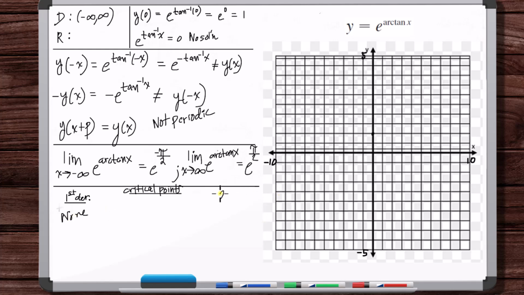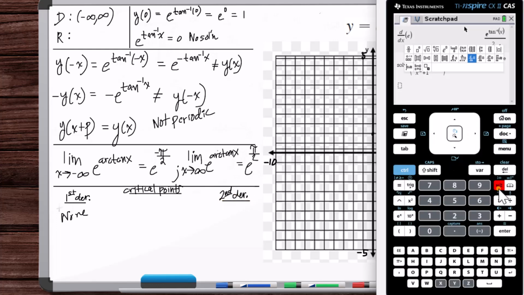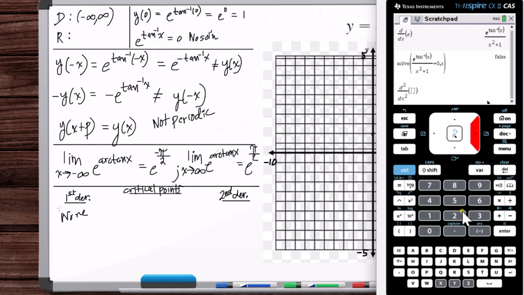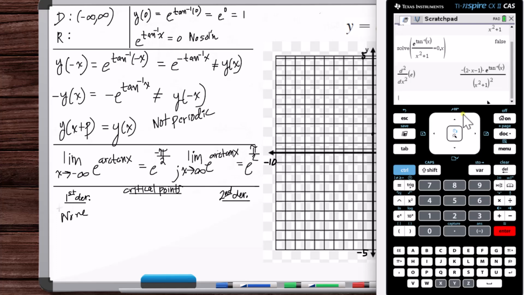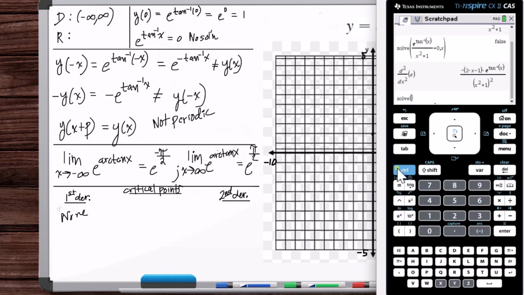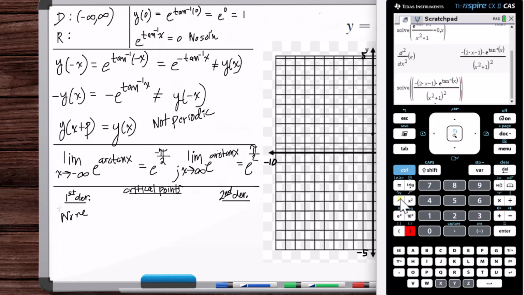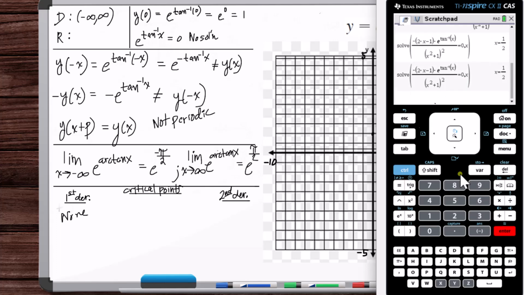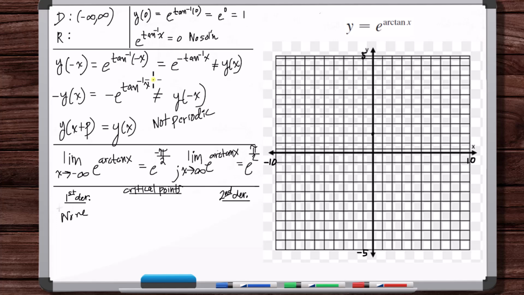Okay, what about the second derivative? Okay, there's nowhere where this doesn't exist, but what about where this equals 0? X is equal to 1/2.